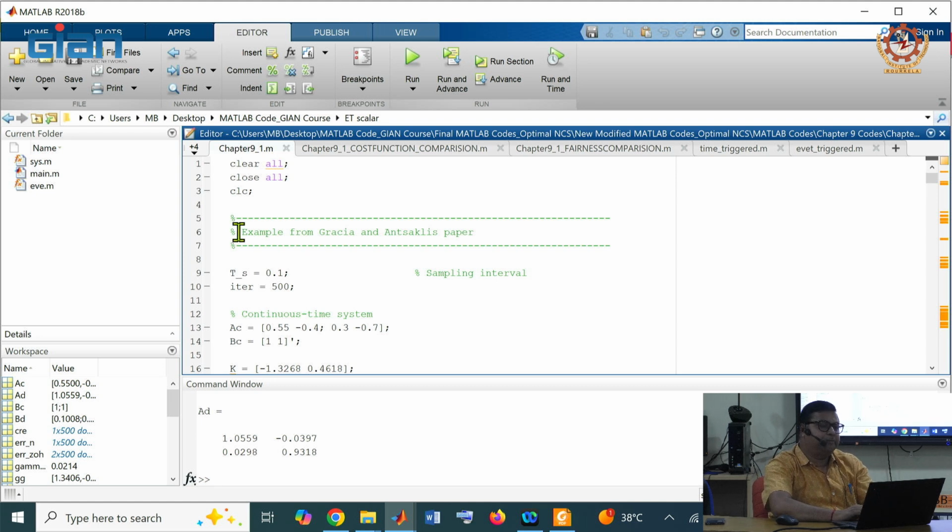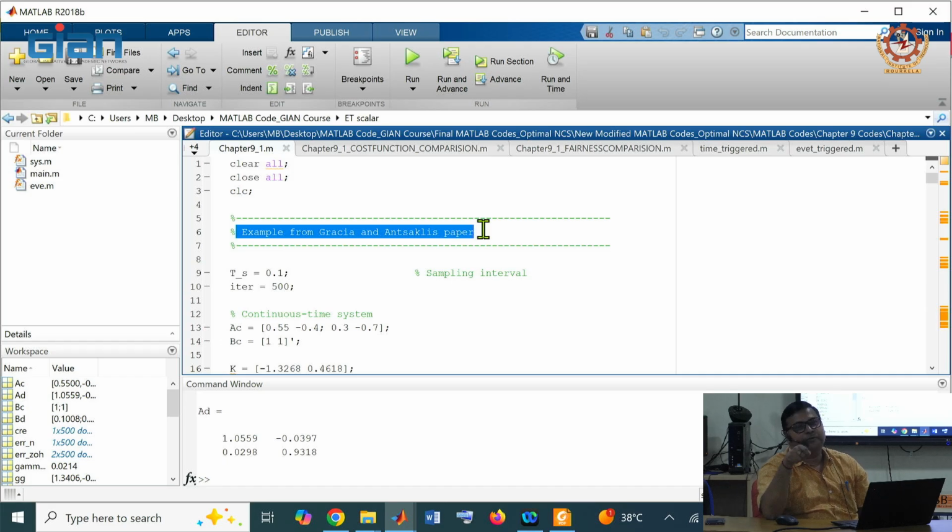You see, it is written at the beginning, example from Garcia and Antsaklis. So I thought, let me see this paper first, and I downloaded the paper that night. I sent you the programming around 12 o'clock. I was lying down and looking at the programming. That is what you also have to do: you have to see the things and play with the things, then only they will come to your mind. Otherwise, no one can push you or feed you.